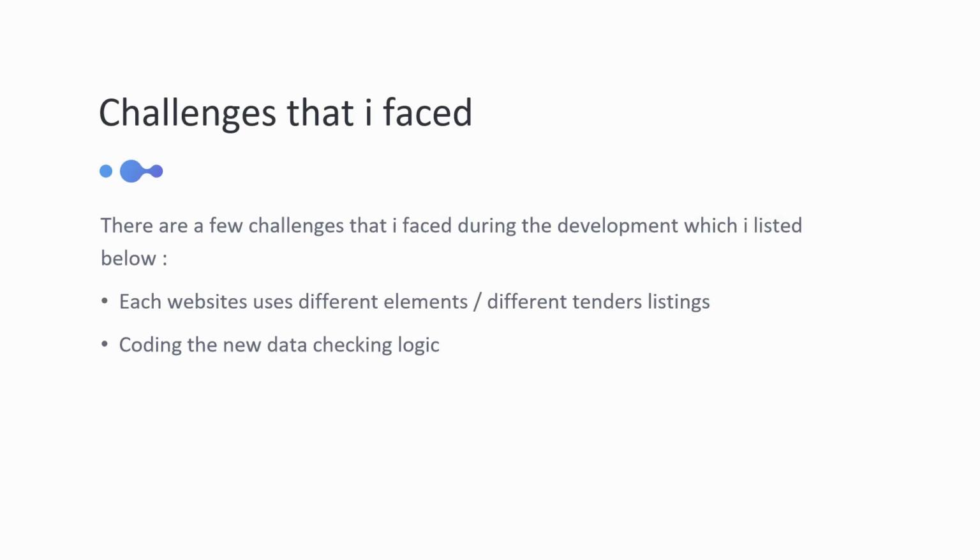The way that I did it currently is I store the data that is already checked inside a variable, and the next time the program runs, if the data that is going to be filtered is inside the variable, then it won't trigger the notification. Surely there is room for improvement on this part of the code, but currently this is what I managed so far. Next, I will show you the demo of the program.